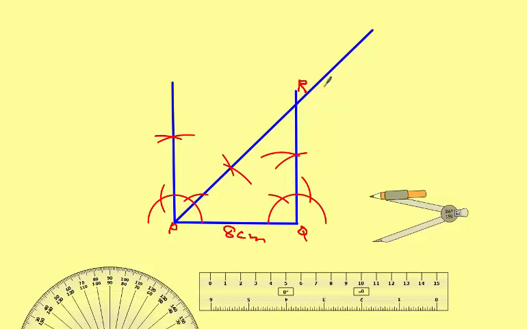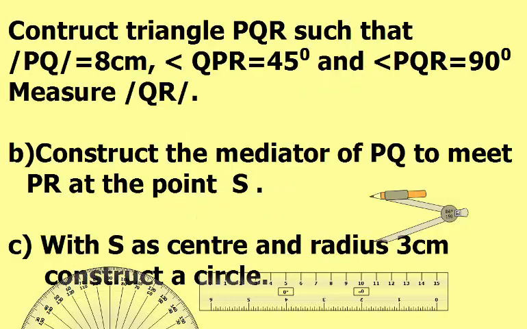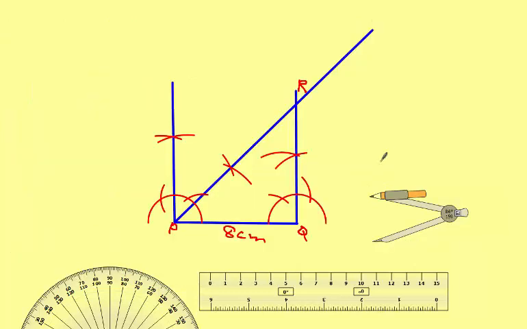Construct a mediator of PQ to meet PR. So what it means is that we are going to bisect PQ. Let's bisect PQ.